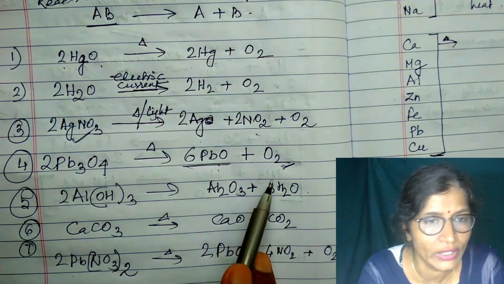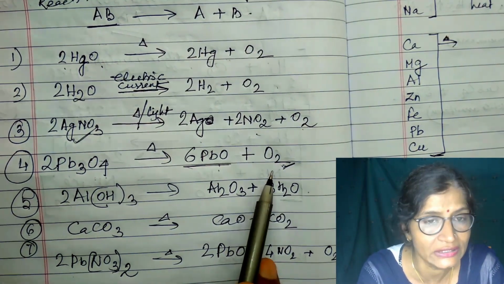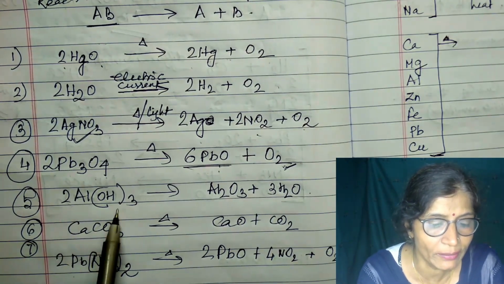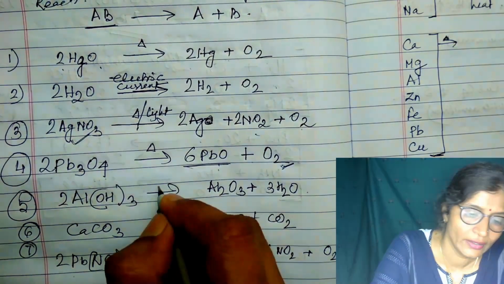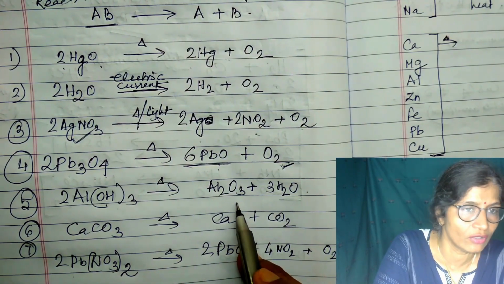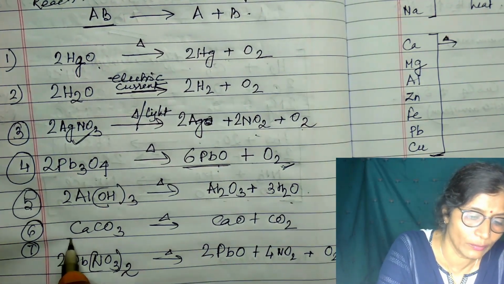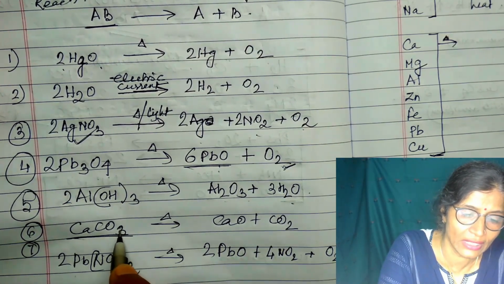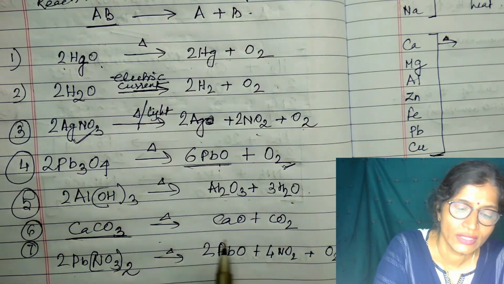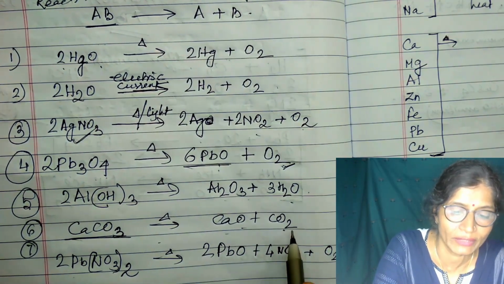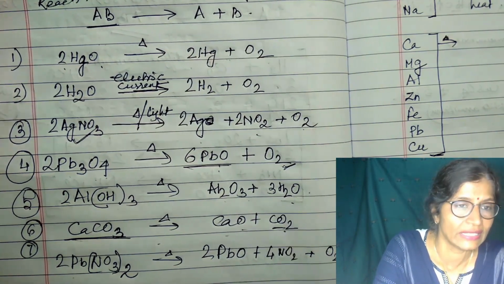We know that we can identify oxygen because oxygen gas rekindles a glowing splinter. Then aluminium hydroxide, when heated, will decompose and give aluminium oxide plus water. Calcium carbonate, when heated, will give calcium oxide plus carbon dioxide. Quicklime plus carbon dioxide, which turns lime water milky.